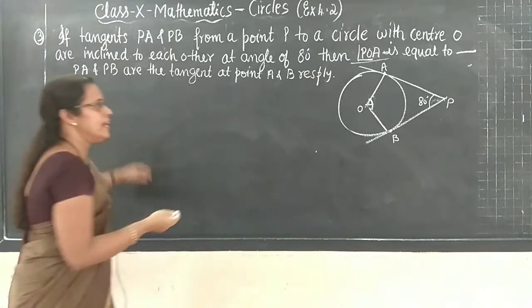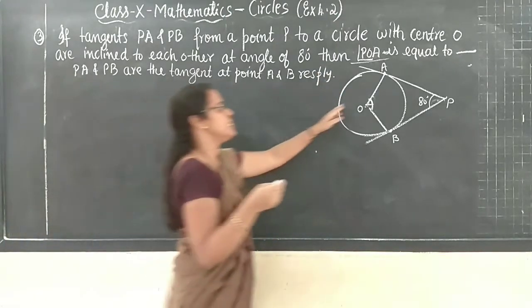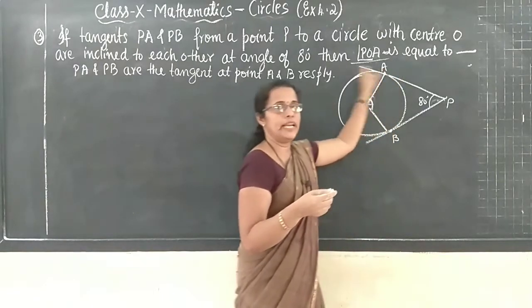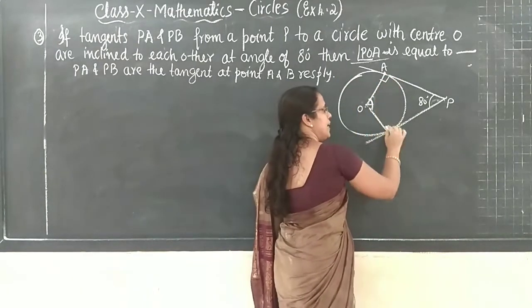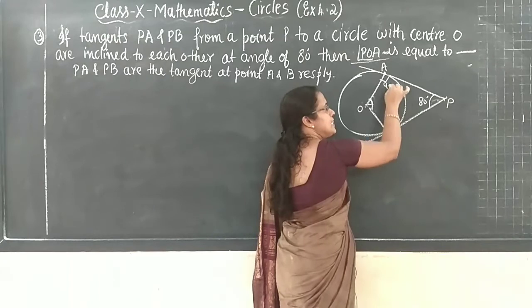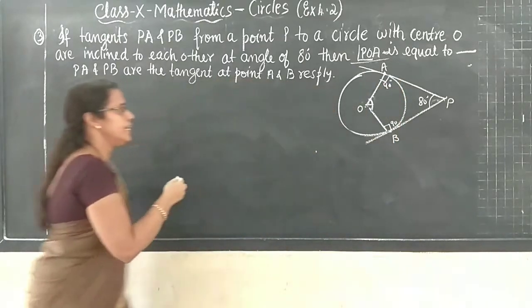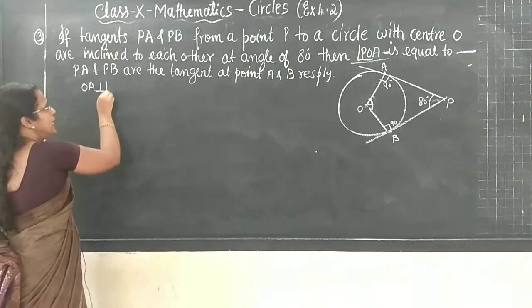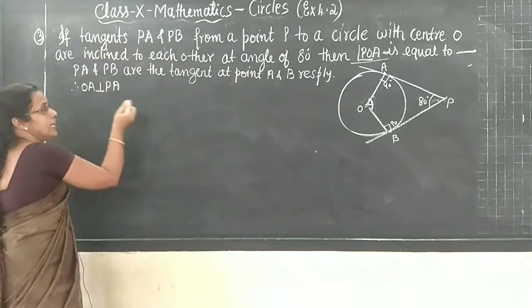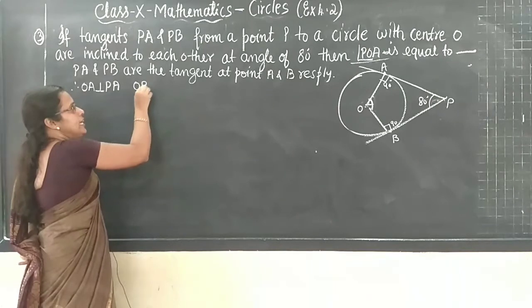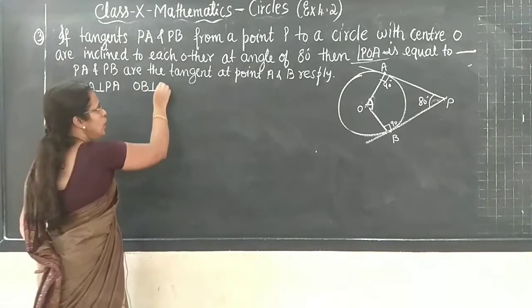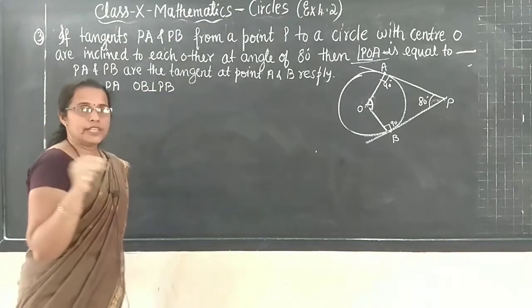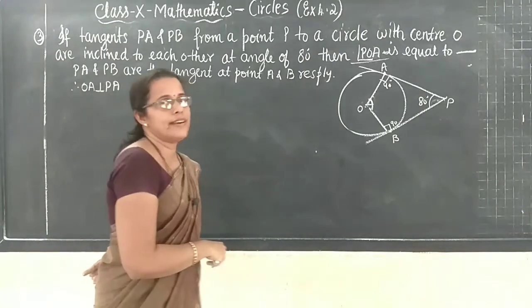Now you already know that if they are tangents, the radius drawn is perpendicular to the tangent. This angle is how many degrees? 90 degrees. So you can write OA is perpendicular to PA, and even OB is perpendicular to PB. With the tangent, the radius is always a right angle.